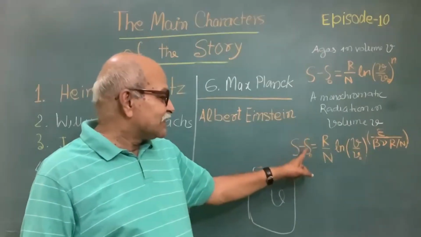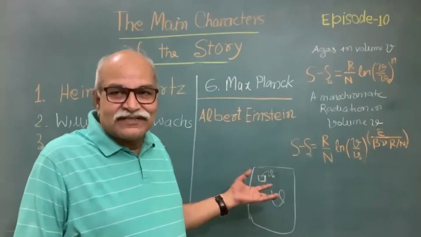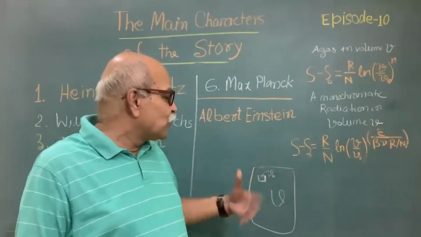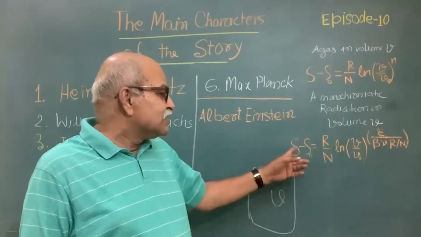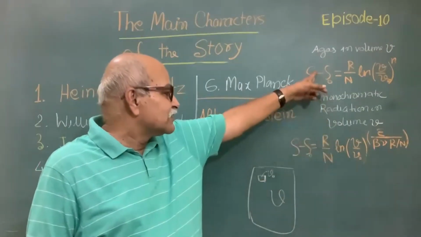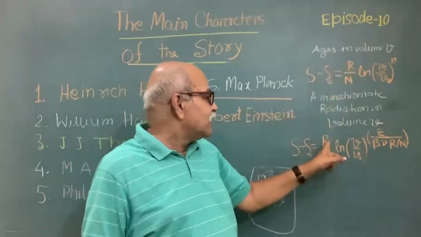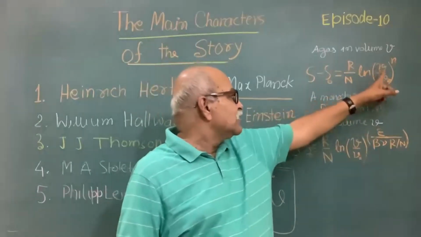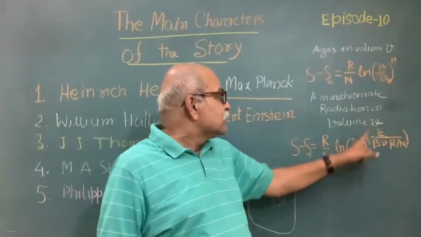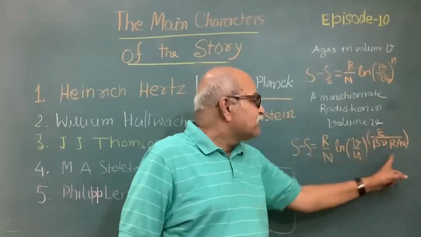That is this capital S naught. And when the radiation has taken its own course of action, it is spread in its own way, then the entropy is this S. Now compare these two. S minus S naught, R by N, log V by V naught, V by V naught to the power small n here, and to the power this big factor here.